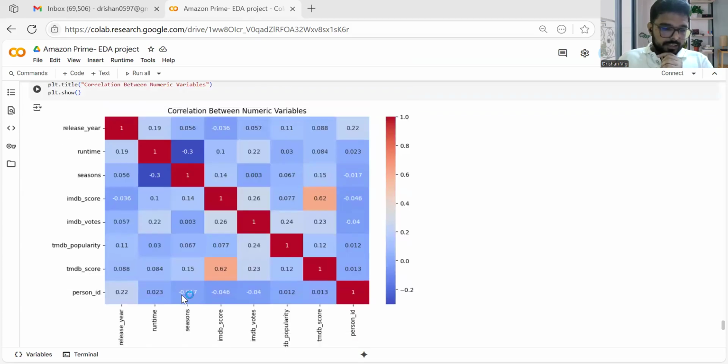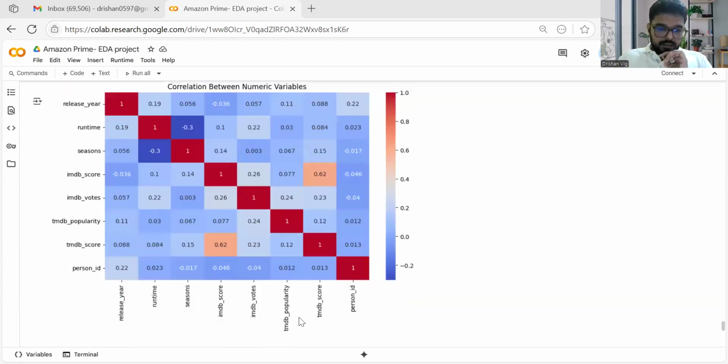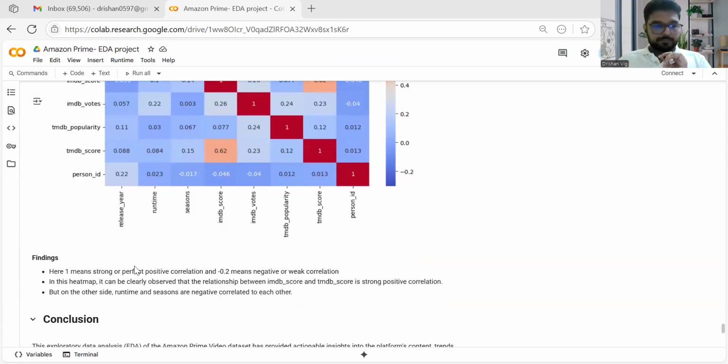And if we determine the relationship between runtime and seasons, they are negatively correlated to each other because it has a value of minus 0.3. So runtime and seasons are negatively correlated, while TMDb score and IMDb score are positively correlated to each other.